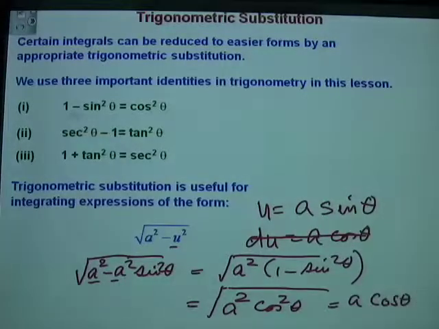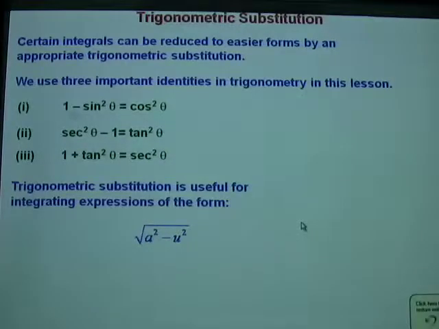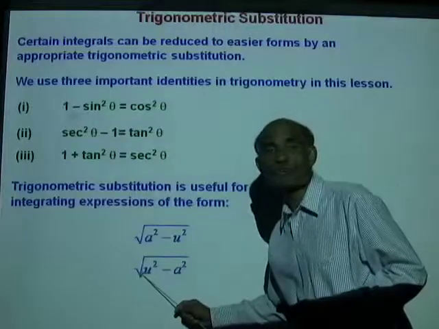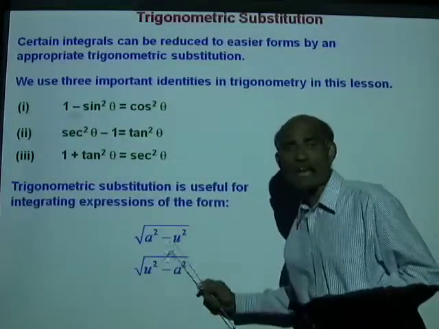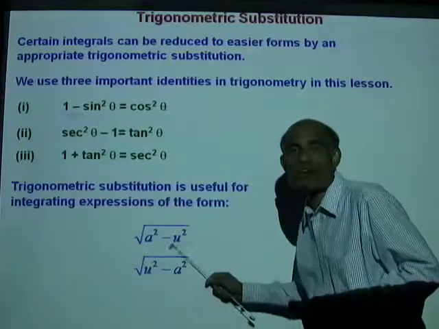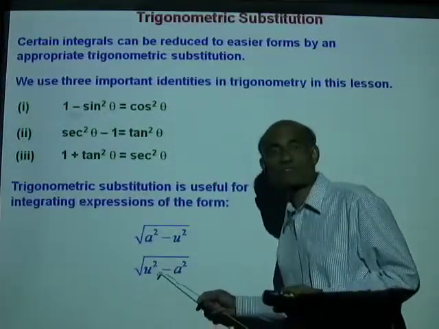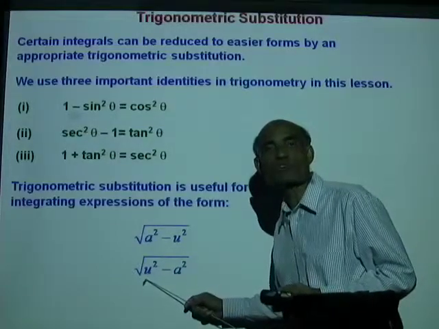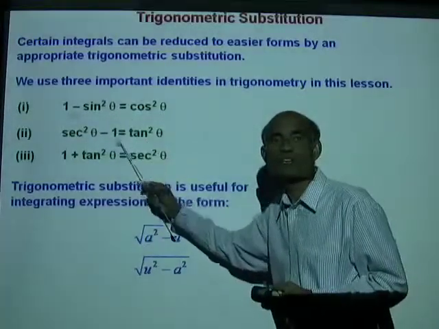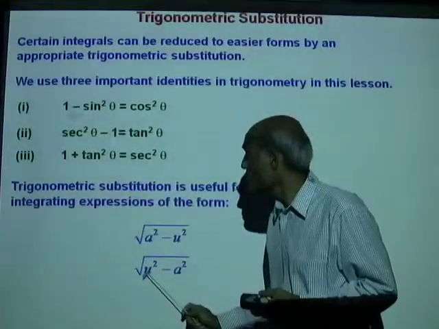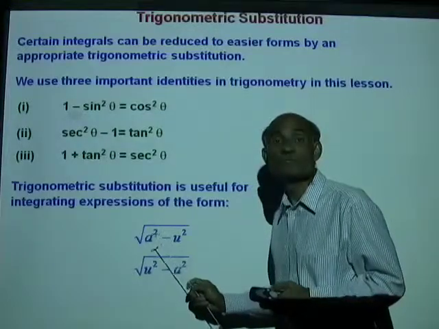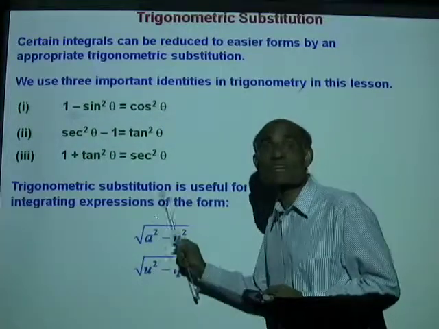Alright, let's look at another basic form. The next basic form is the square root of u squared minus a squared. In order to take that square root off, what kind of substitution will you do? What will you call u equal to in these three forms? It must be u equal to a secant theta.